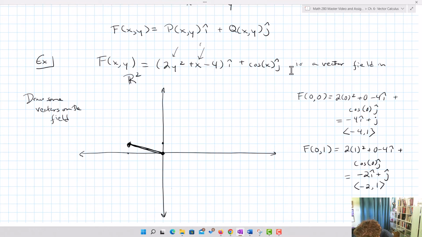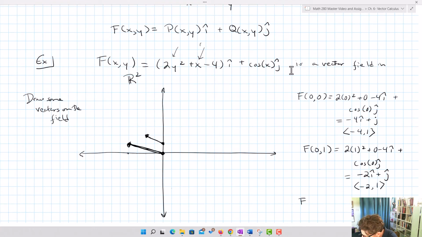So when I move up here to 0, 1, I'm going to have a vector of negative 2, 1. So the direction has changed and the magnitude has changed for that vector, right? This vector field is telling me that when I go from 0, 0 to 0, 1, the magnitude has shrunk, and I've changed slightly the direction. Basically, I've created a steeper slope at that point.